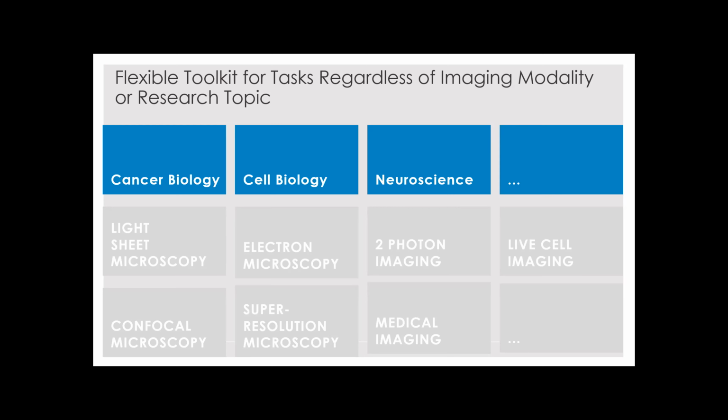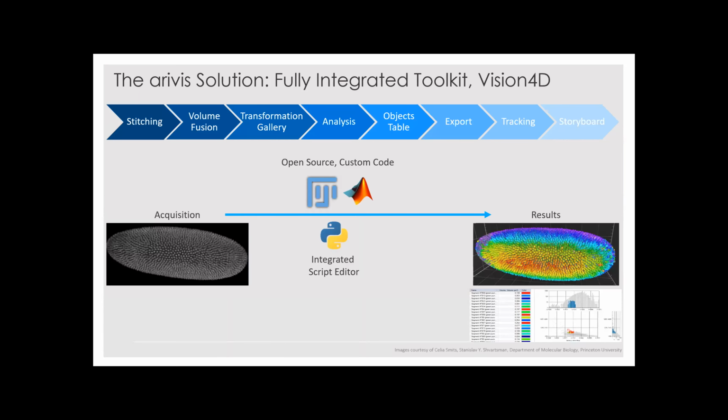So whether you're working with light data, particularly light sheet data, or confocal, maybe you're working with EM data or even medical imaging, for your research question at hand, you can import these images into Vision 4D and leverage the full toolkit for your needs. We wanted this to be as applicable as possible to help address this challenge.